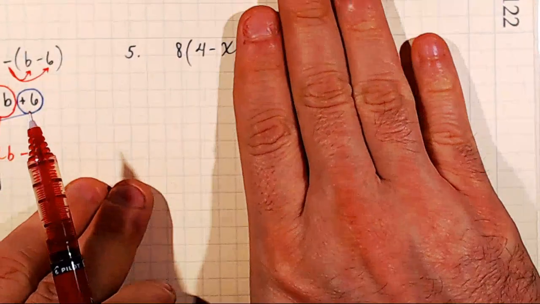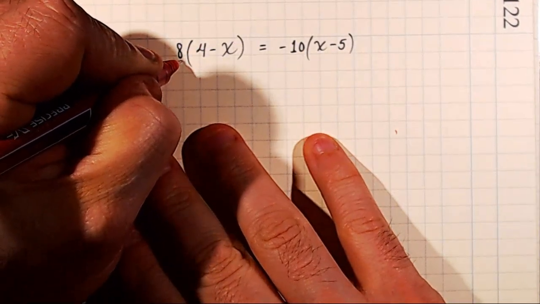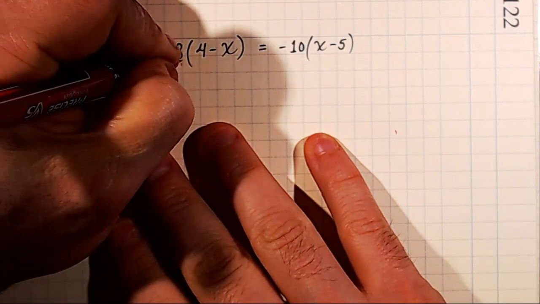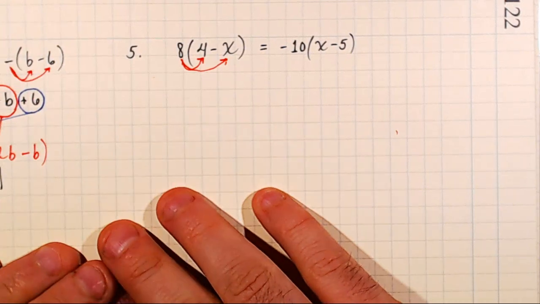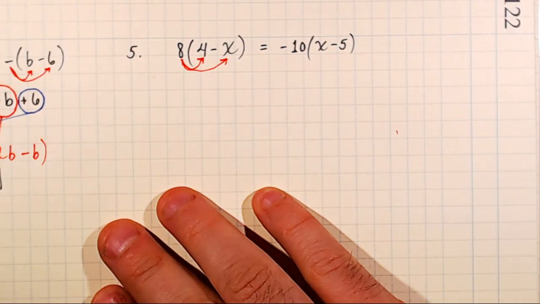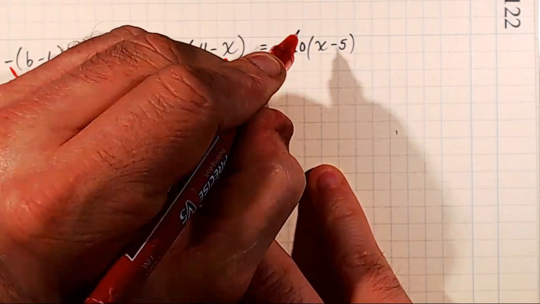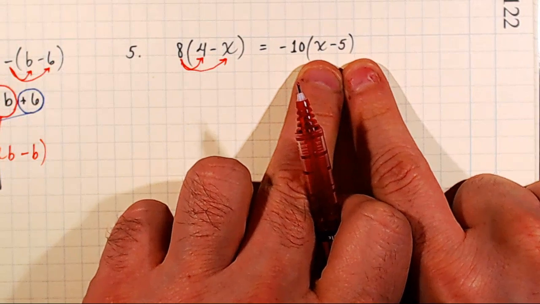So here, I'm just going to ignore the right side for a moment, and I'll just think, I need to get this 8 associated with each term inside the parentheses. So I'll distribute the 8 like that using multiplication. On the right side of the equal sign, I have a negative 10 that I need to distribute through each term of this expression inside the parentheses.